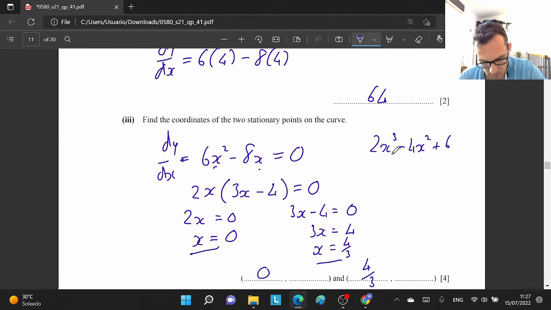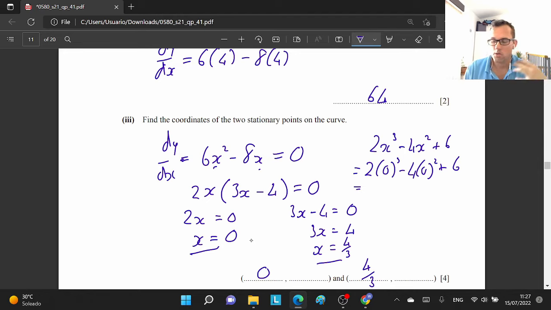The first one we're going to do is substitute that x equals 0 in there. So that will be 2 times 0 cubed minus 4 times 0 squared plus 6. Anything 0 cubed is 0, times 2 is 0. So the first two terms amount to nothing. That means we're only left with that 6. So that gives us the first y value.